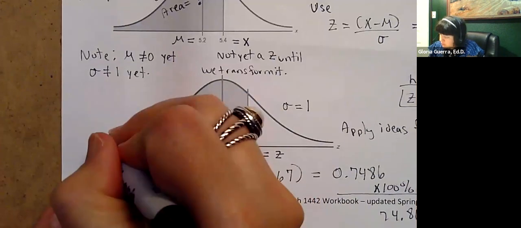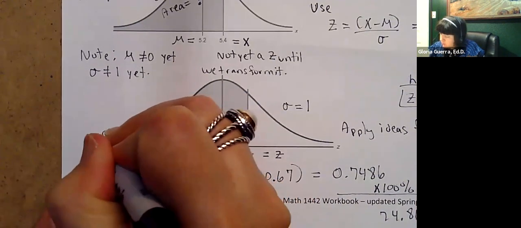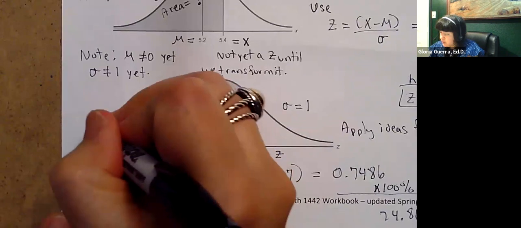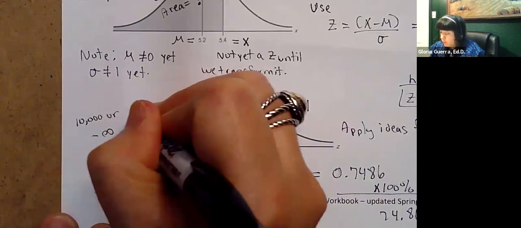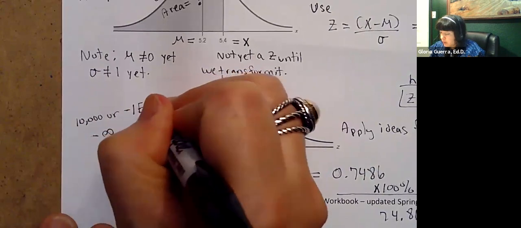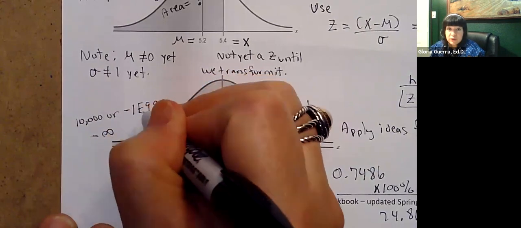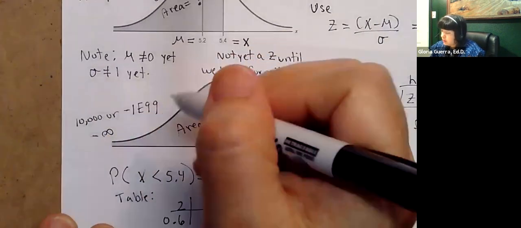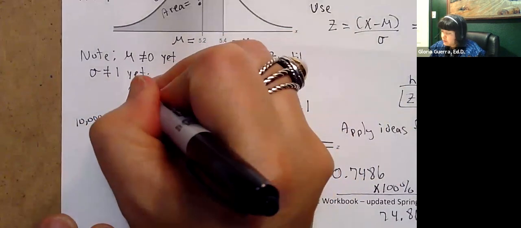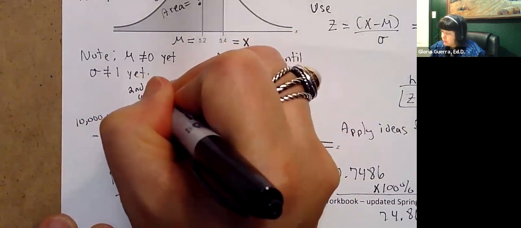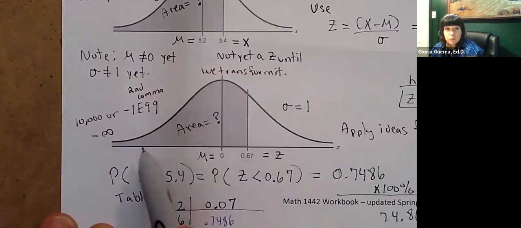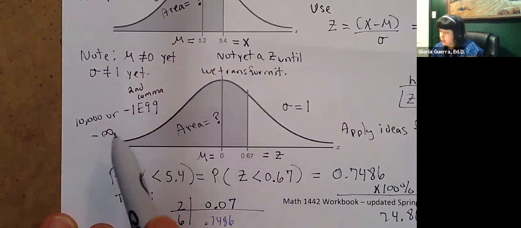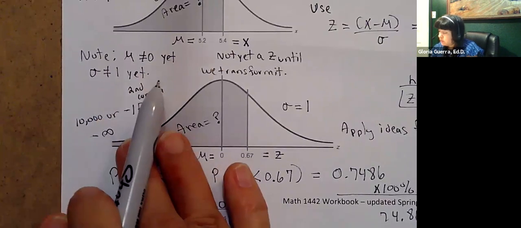So what you see on the left is negative infinity. And negative infinity can be represented either by negative 10,000 or, remember, negative 1 E 99. And if you're going to use the negative 1 E 99, you've got to make use of the second and the comma key, because that's where that is. Okay, so either one, it's a negative infinity, and you read the graph and then you stop here.